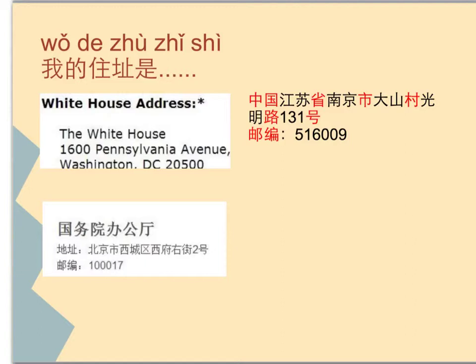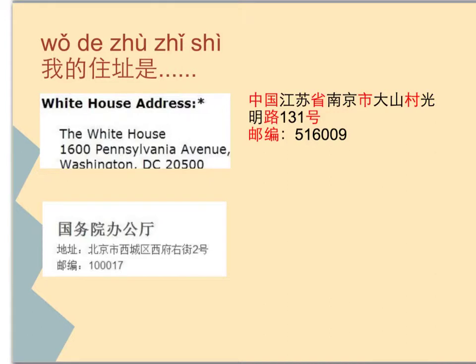Well, it's time for us to learn a very useful sentence. When you want to tell people your address, you can use this expression. 我的住址是. 住址 means the place where you live, your address where you live.